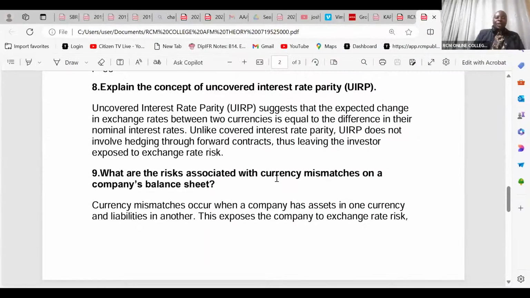What are the risks associated with currency mismatches on a company's balance sheet? One of the ways of hedging, if you remember, is to have your business invoicing customers using some currency. For example, I always give you this example of Panari Hotel, invoicing all its customers in dollars, and yet it is in Kenya.